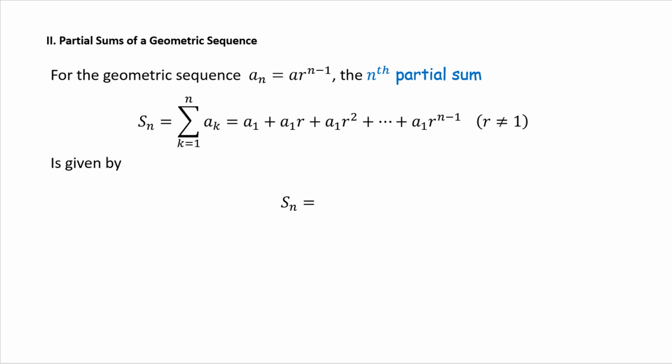For r not equal to 1, it is given by the formula S sub n equals a sub 1 times, the numerator is 1 minus r to the n, all divided by the denominator of 1 minus r.